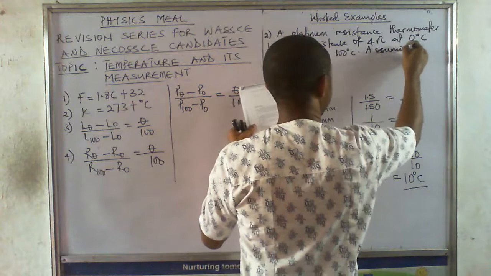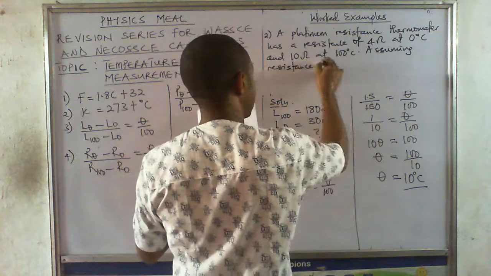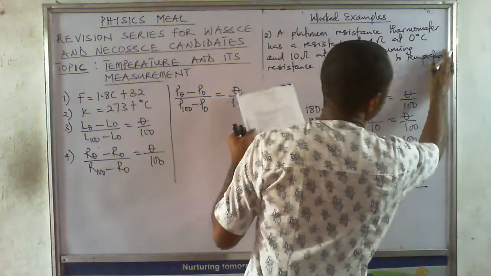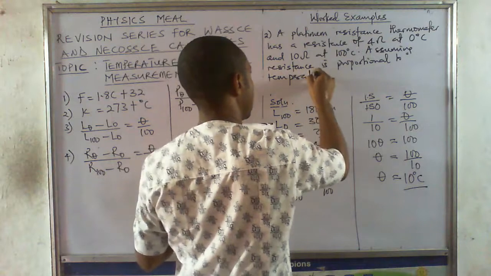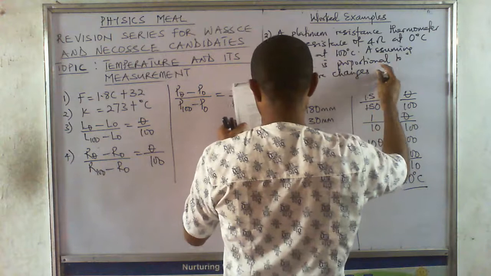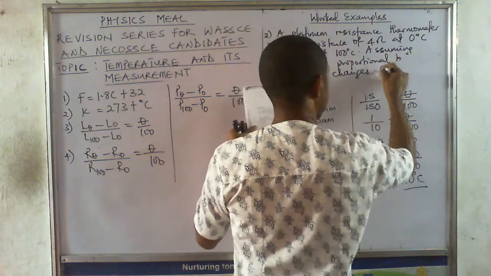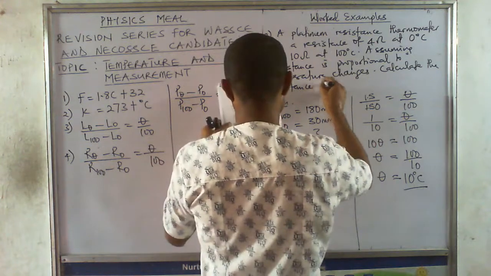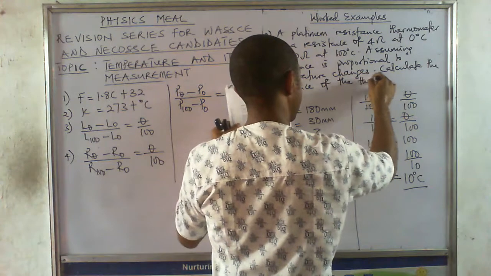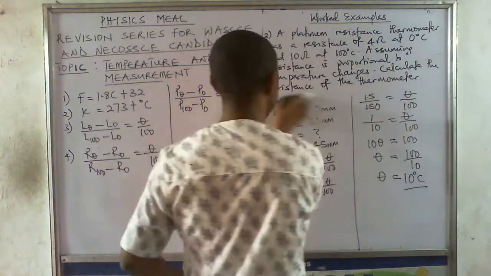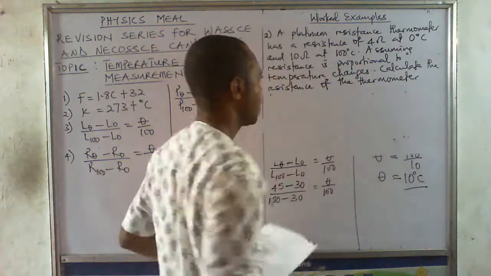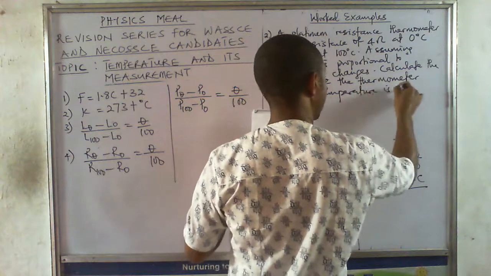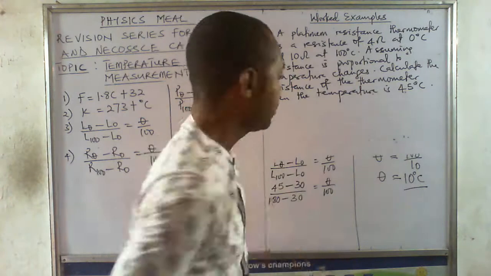Now, assuming resistance is proportional to temperature changes, calculate the resistance of the thermometer when the temperature is 45 degrees. Oh, beautiful. Very beautiful.